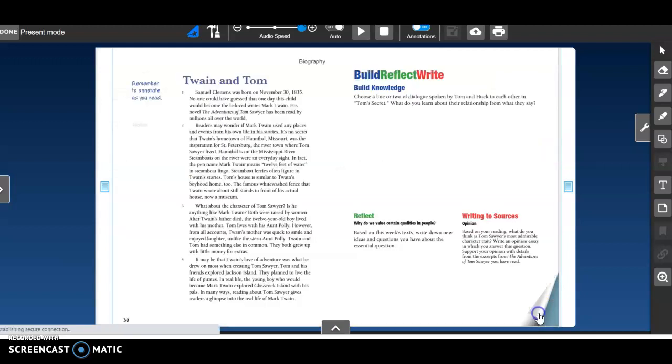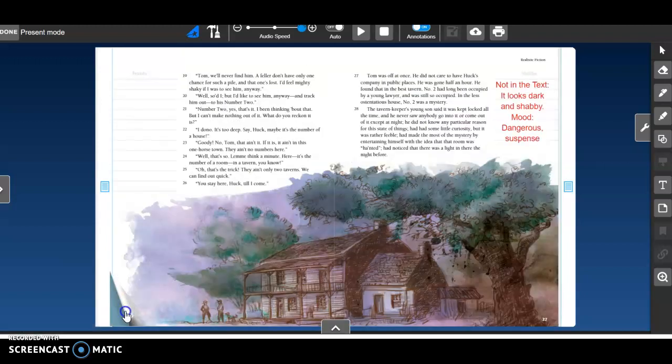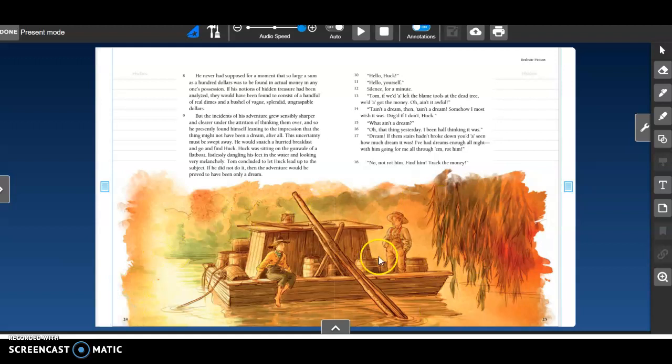So pick a different illustration, so not these last two. Okay, so for independent time, during your small group time, you can pick an illustration and do the same thing. What does it add to the text? What does it show you about the characters and the mood? Look at them very closely in detail.